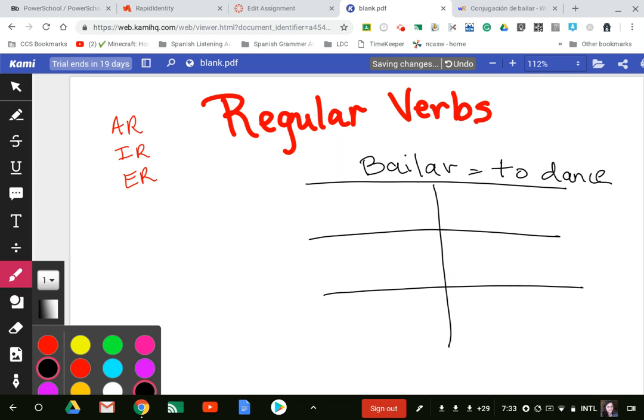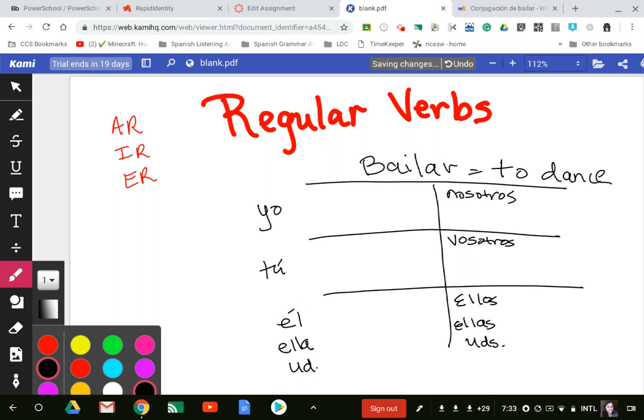Hopefully you remember that when you're conjugating verbs, we do that to fit the subject. So you have your subject pronouns: yo, tú, él, ella, and usted, nosotros, vosotros, ellos, ellas, and ustedes.